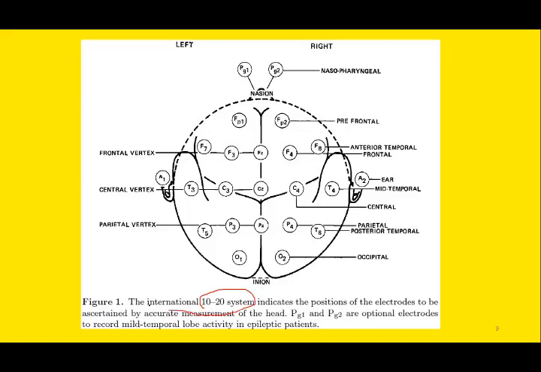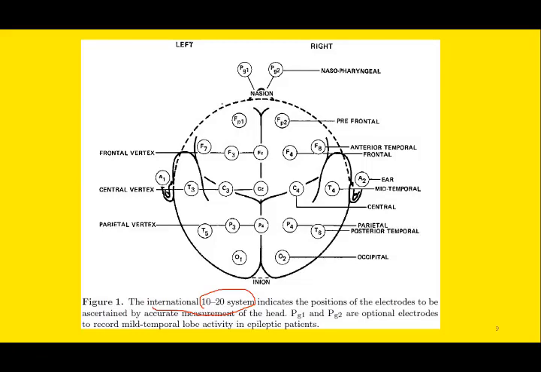This is a standard system, where 10-20 stands for the distance between two adjacent electrodes placed over the skull being either 10% or 20% of the total skull distance.